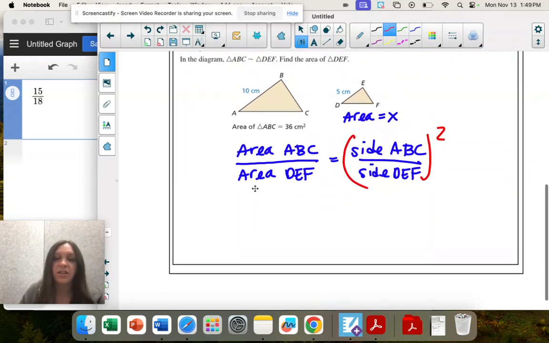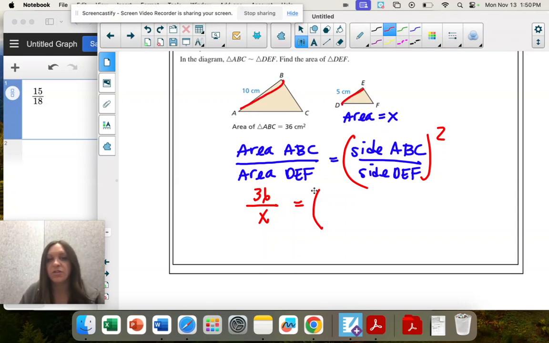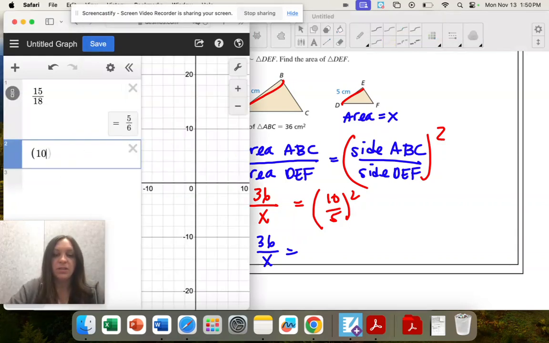So the area here is 36. We're trying to find that area equals 10 to 5. Those are our side lengths squared. Okay, 36 over x, and then I'm just going to put that in my calculator. 10 divided by 5 squared is 4.